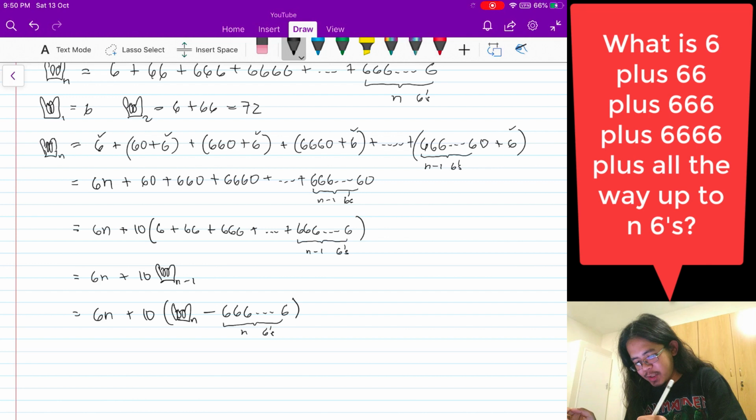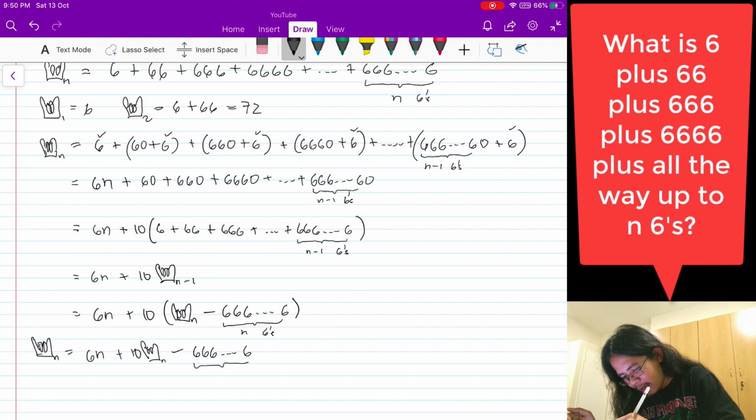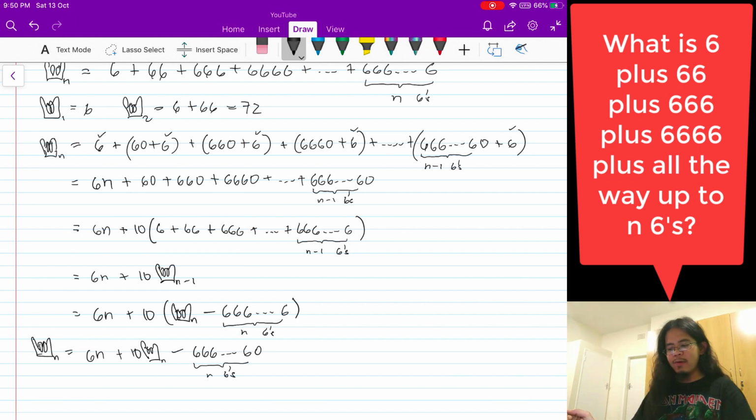Okay, so now this is just a simple algebraic simplification. So you have metal sum of n, you have 6n plus 10 metal sum of n minus, so I distribute that 10 here, so you have 6, 6, 6, and so on up to 6. There are n sixes here still, but since you multiply it by 10, there's a 0 at the end.